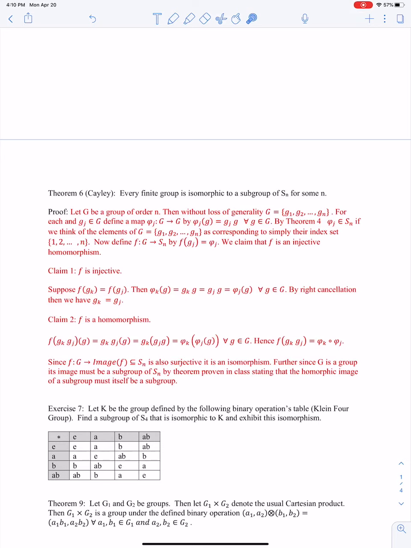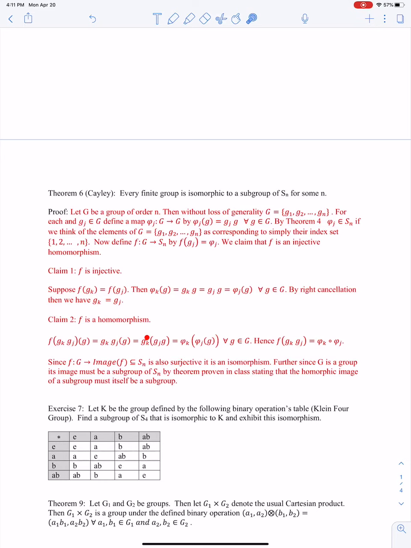So I look at F of g_k g_j applied to g. Well, it's just multiplication by this element, so it's g_k g_j g. But I could write that like this by associativity.